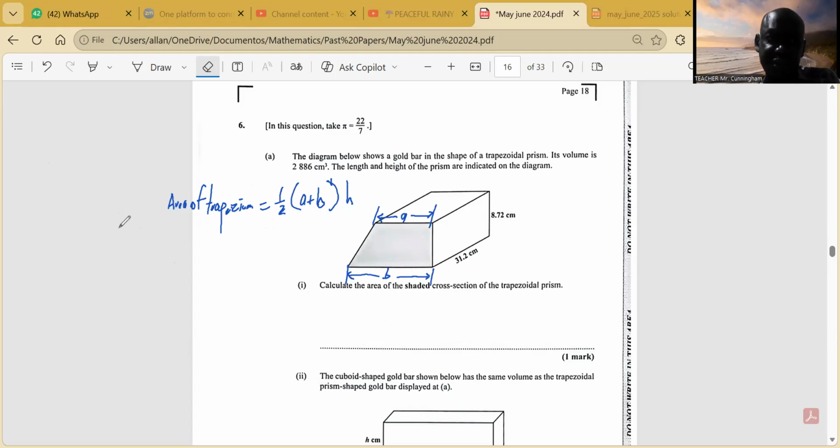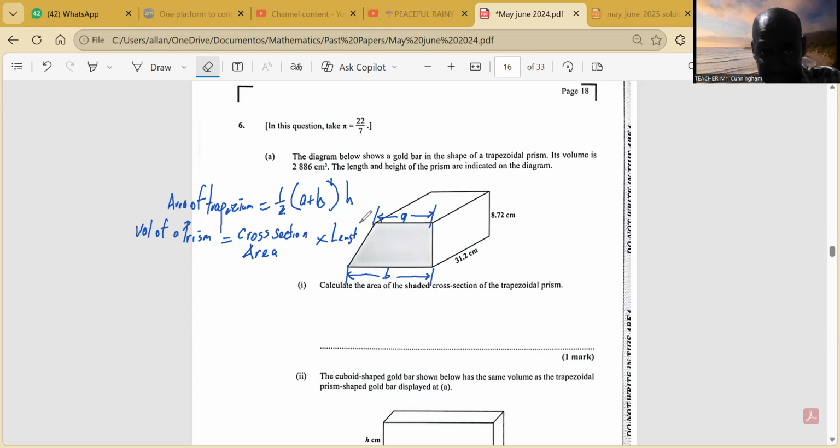Very simply. Volume of a prism is equal to the cross-section area, that's what they want us to find, multiplied by the length.